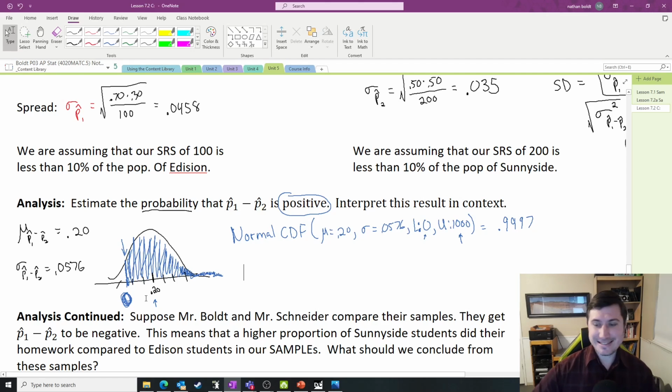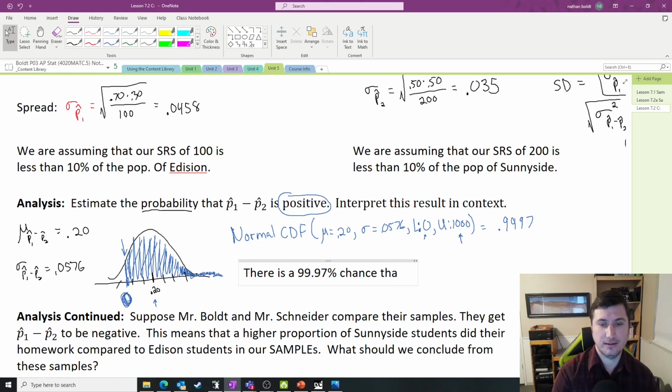All right, so what does this mean? This means there is a 99.97% chance that, what does it mean if that proportion, P1 minus P2, is positive? That the sample proportion for Edison will be greater than Sunnyside.